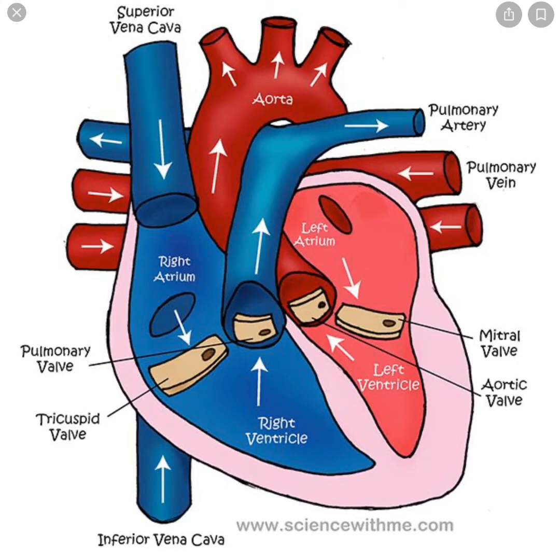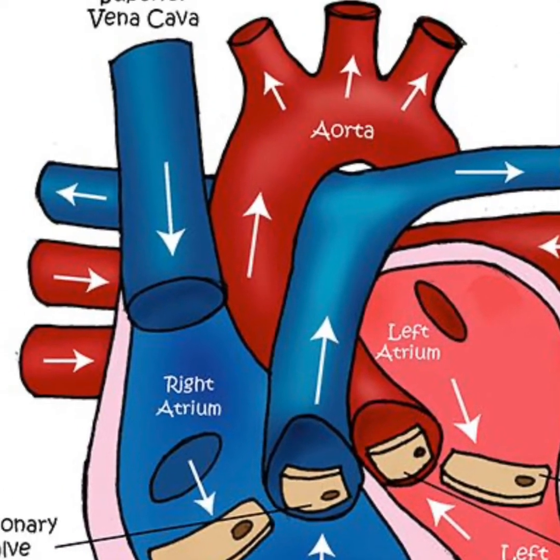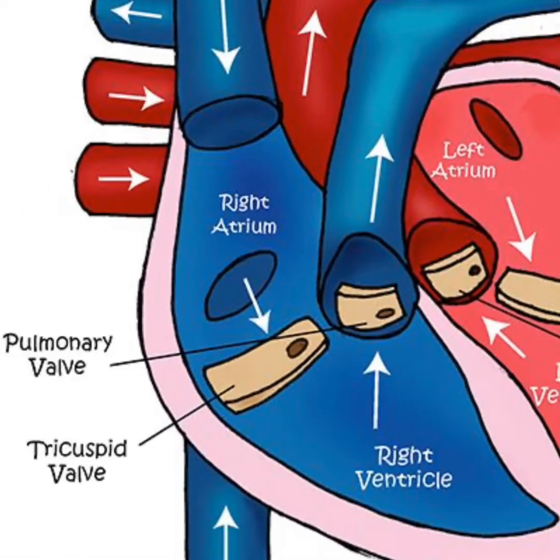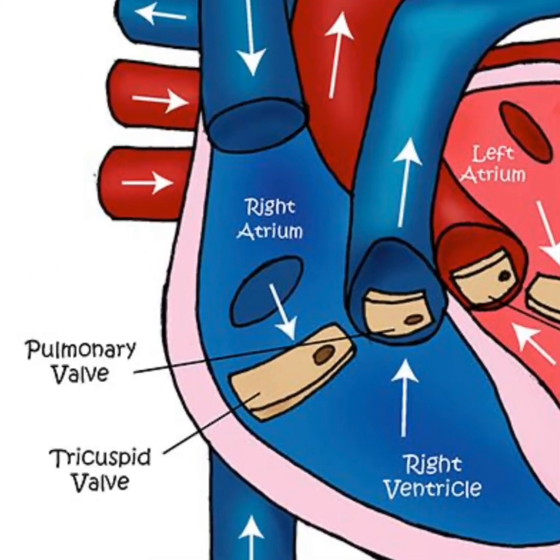Now I will be talking about all the 4 chambers of the heart. From the superior vena cava and the inferior vena cava, the blood comes into the right atrium. From the right atrium, the tricuspid valve opens and lets the blood flow into the right ventricle, which is the second chamber.